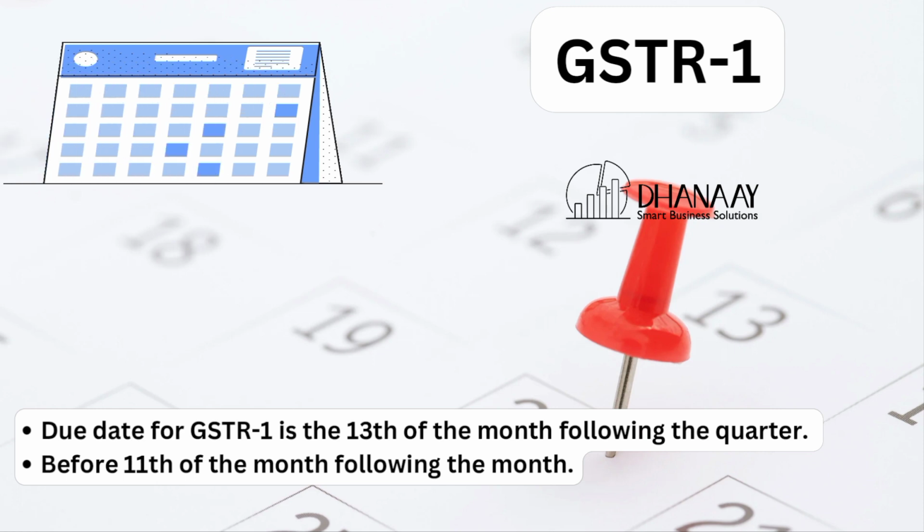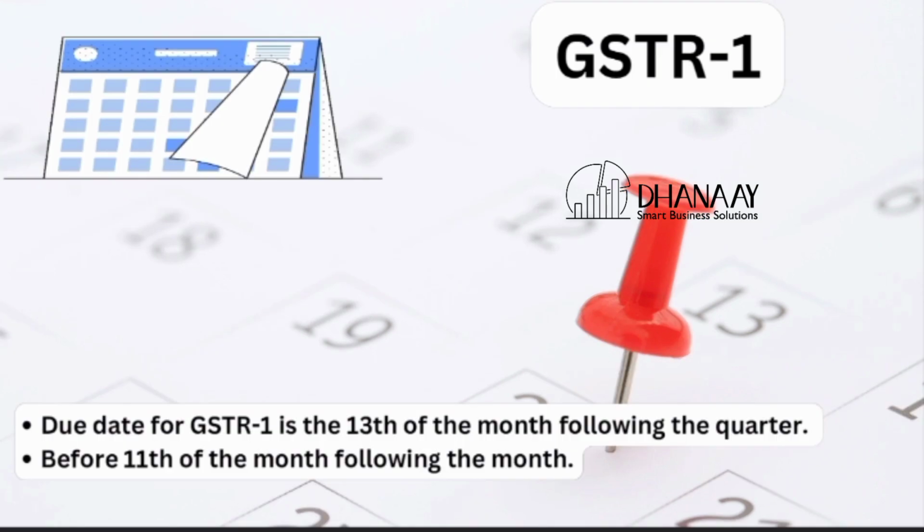Registered persons having turnover up to rupees 5 crore that have opted for the QRMP scheme, their due date for GSTR-1 is the 13th of the month following the quarter. So let's take an example. The due date for filing GSTR-1 for the tax period of January to March 2023 would be April 13, 2023.